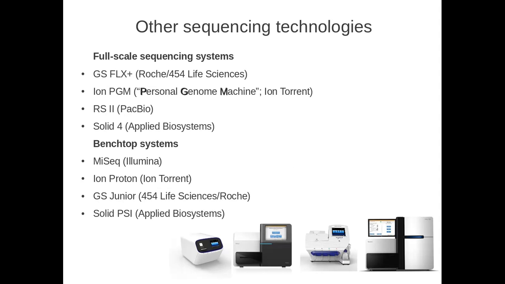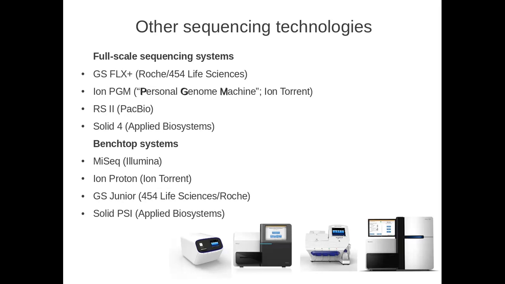So the Illumina HiSeq is a workhorse because of the very cheap cost per base. However, there are many instruments out there that each have a unique contribution to the field of next generation sequencing. The PacBio, for example, offers longer reads, more than a kilobase in length.